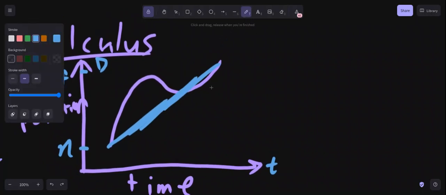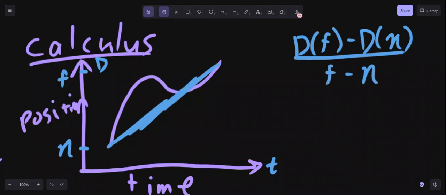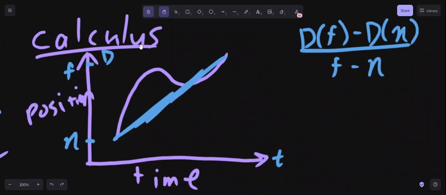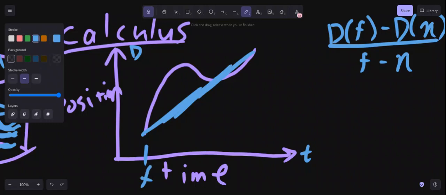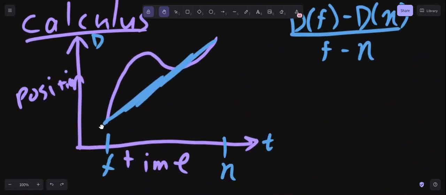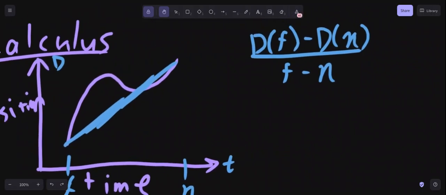Oops, I accidentally put those labels on the wrong axis, so let me delete that. The average rate of change would be d of f minus d of n, over f minus n, and that gives you the slope of the line connecting the bottom boundary of the function and the upper boundary of the function.